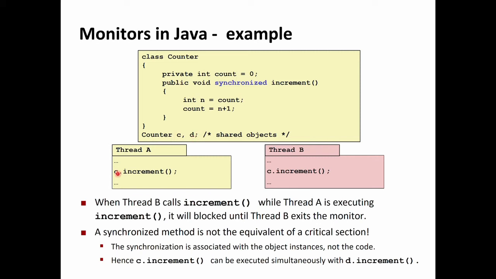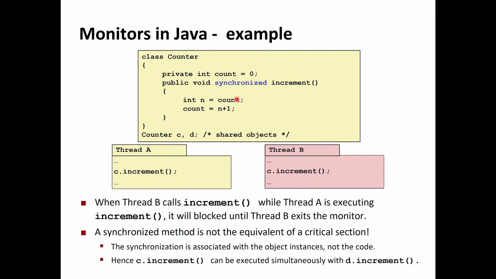Now if you are interested only in C, then in thread A we just call C increment, and in B we call C increment. Now despite the fact that we are running both of them as separate threads, since we have declared this as synchronized, this whole thing acts as a monitor, and only one of the threads can be executed in this particular method.